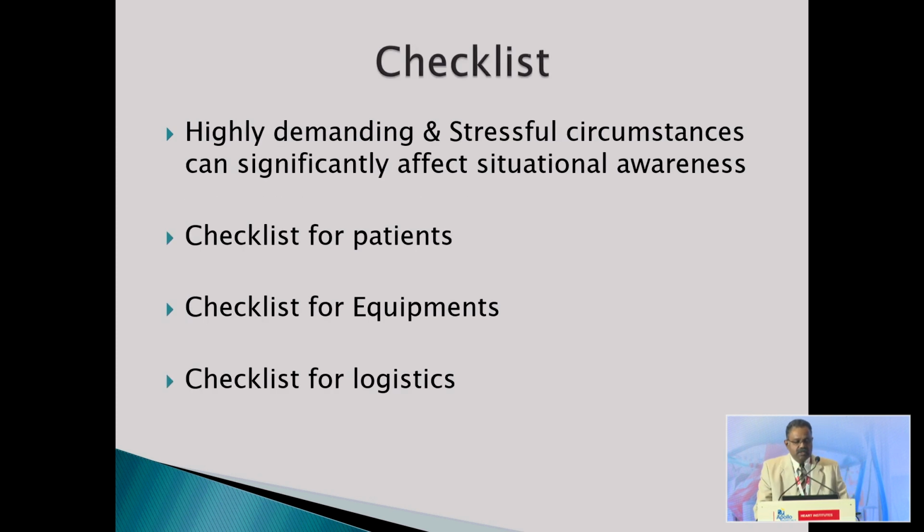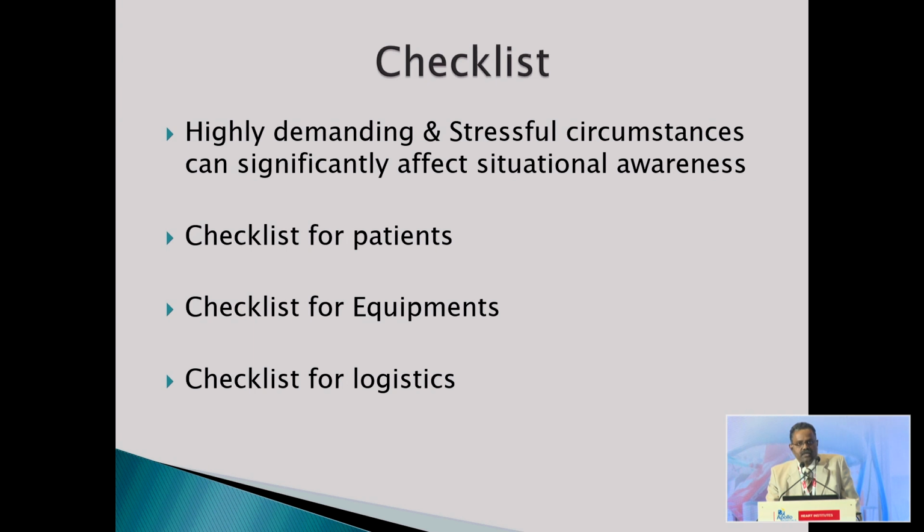As we discussed, quite a lot of complicated things are going on. So highly demanding and stressful circumstances can significantly affect your situation awareness. Your brain can function normally if it is cool and calm, but ECMO transfer is not at all like that. It is a highly demanding and stressful condition. So one should have a checklist.